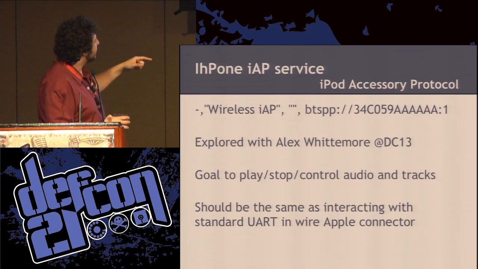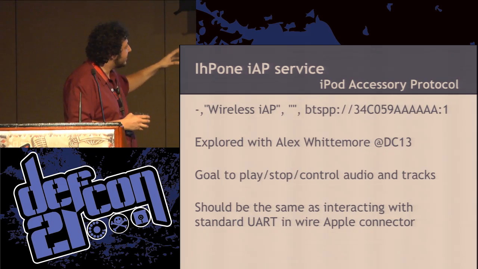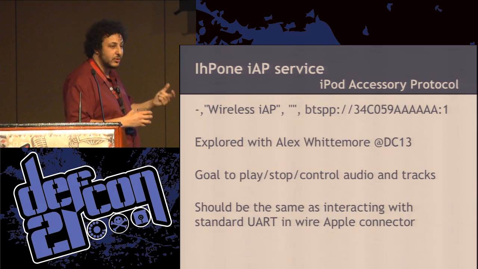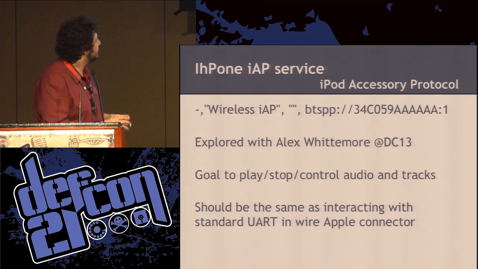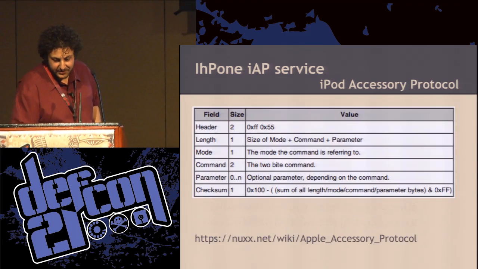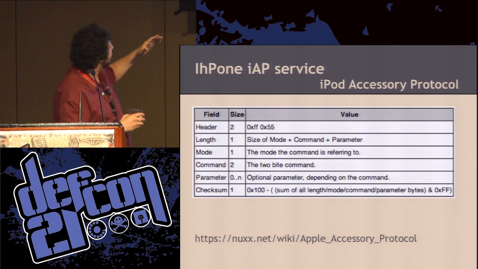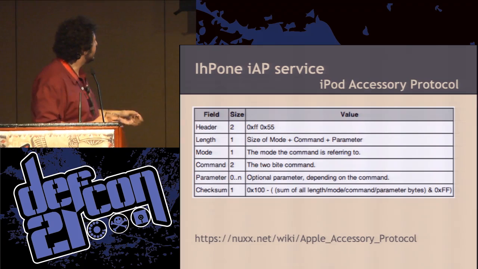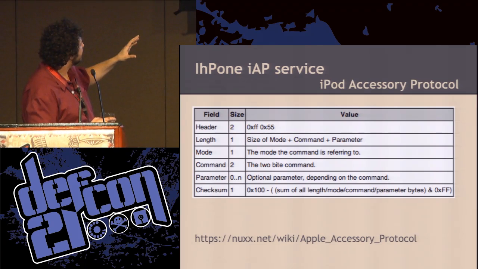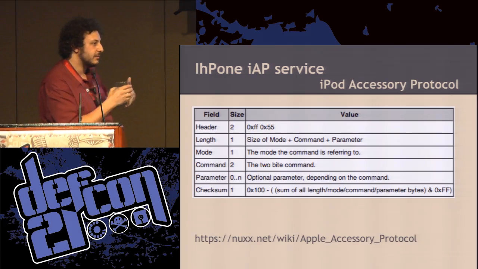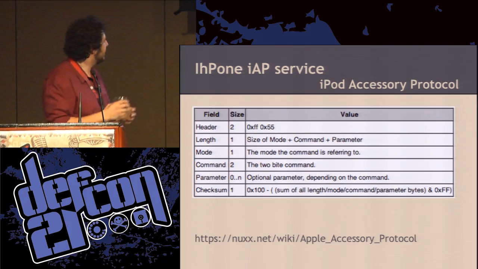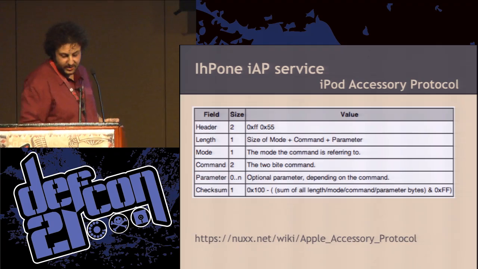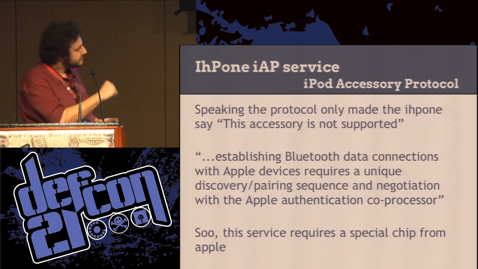It turns out that there's a chance that it could be the same interaction as the standard UART in the Apple connectors if you just wire it up into that. So that's the hypothesis. The regular way you do this over the hardwire is the same packet thing for saying I want you to play, I want you to stop. That's well documented for the hardline stuff.